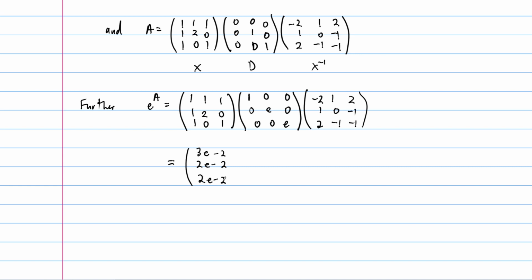The second column is 1 minus e, 1 minus e. And the third column is 2 minus 2e, 2 minus 2e, and 2 minus e. So that's the exponential of the matrix, e to the power A.